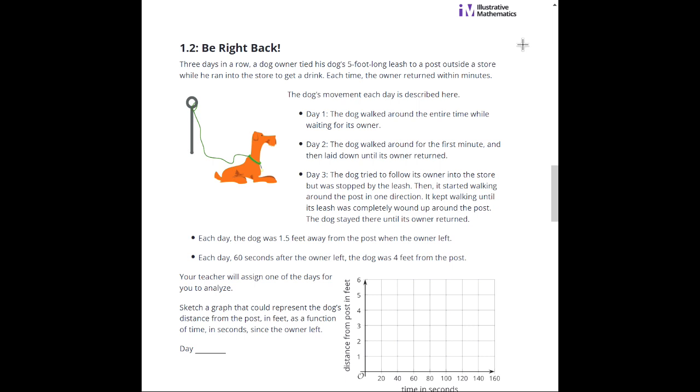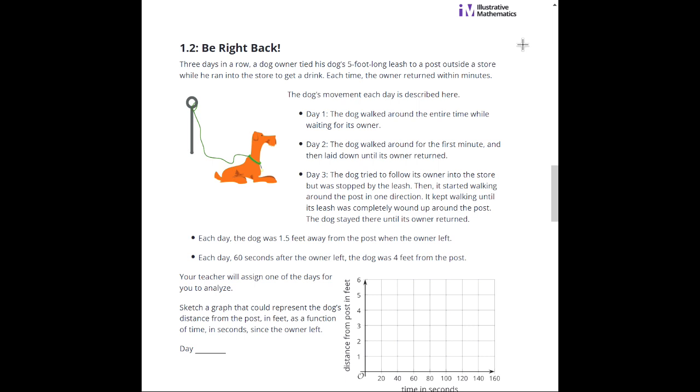Each day, the dog was 1.5 feet away from the post when the owner left, and each day, 60 seconds after the owner left, the dog was 4 feet from the post. Okay, so we're going to look at all of those and sketch a graph that could represent the dog's distance from the post in feet as a function of time in seconds since the owner left.